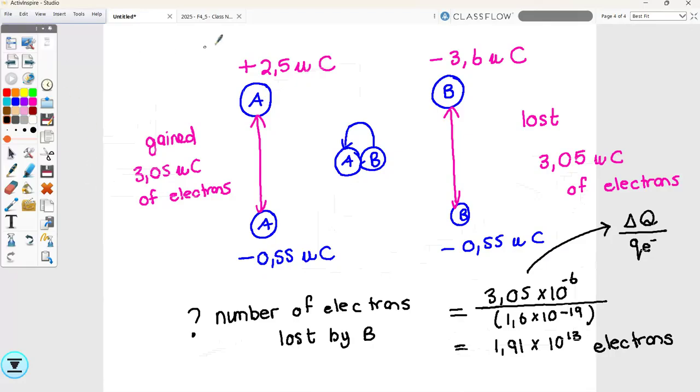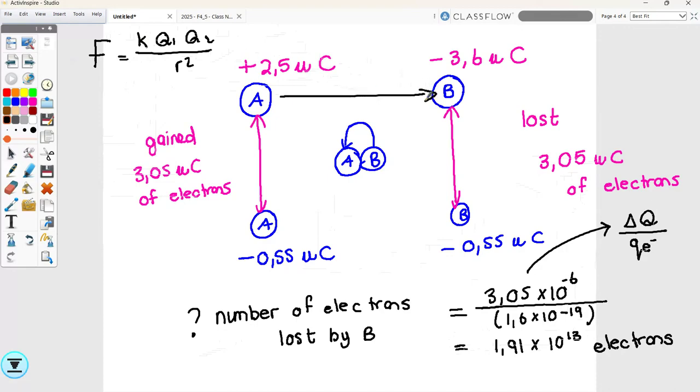That's plug and play. So then I can now ask you, what is the force between A and B? Okay, so I can ask you to calculate the force between A and B. Then yes, you're going to say F is equal to K Q1 Q2 over R squared, and now you have to do the conversion. Then you fill in the value and calculate.